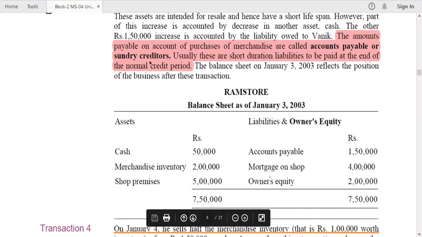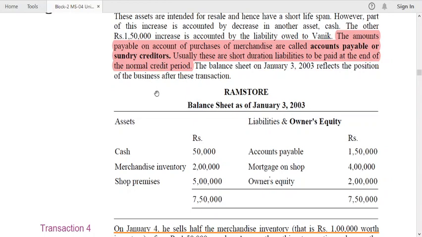The amounts payable on account of purchase of merchandise are called accounts payable or sundry creditors. Creditors means those who have given goods but have not received money from the company. The company is yet to pay money to them. Usually these are short duration liabilities to be paid at the end of the normal credit period.